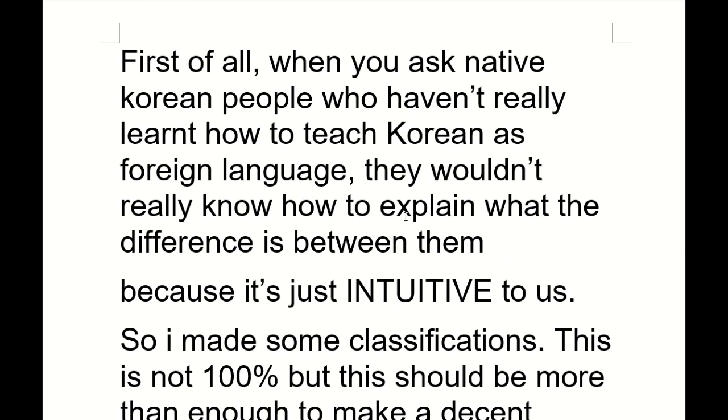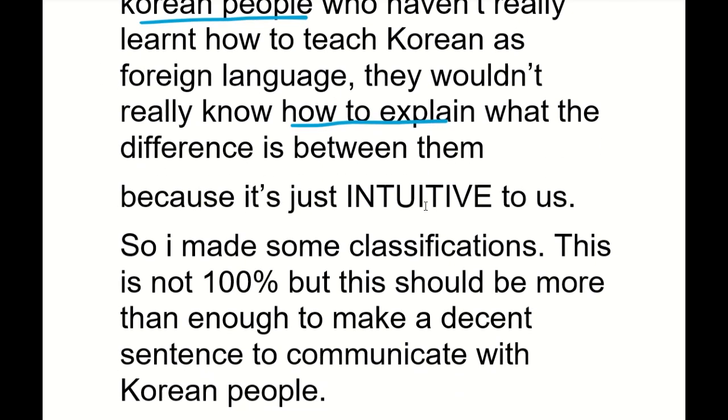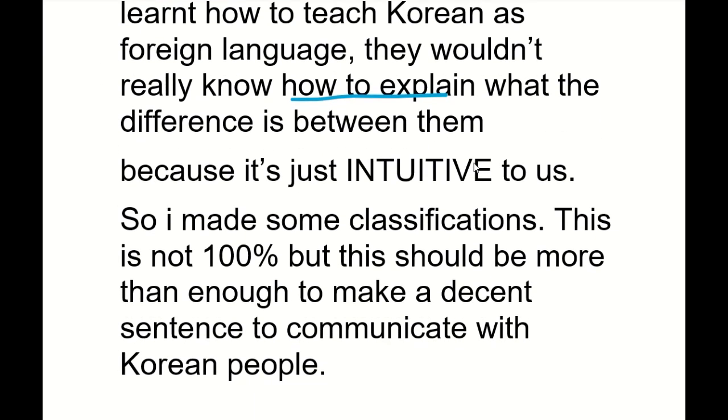So, first of all, when you ask native Korean people who haven't really learned how to teach Korean as a foreign language, they wouldn't really know how to explain the difference between 은는 and 이가, because it's just intuitive to us.